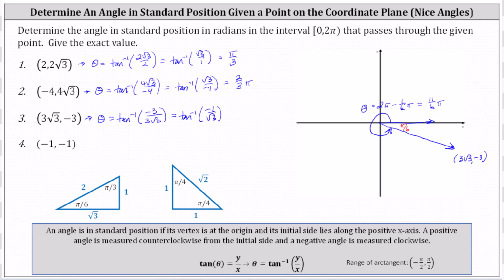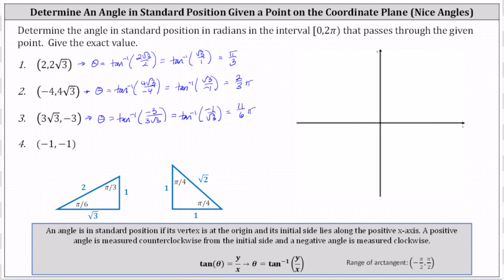The angle in standard position passing through the point (3 square root 3, negative 3) in the interval from 0 to 2 pi radians is 11/6 pi radians. Notice if we did sketch a reference triangle for this angle, we would label the short leg -1, the hypotenuse 2, and the long leg square root 3, which does give us a tangent function value of -1 divided by square root 3.